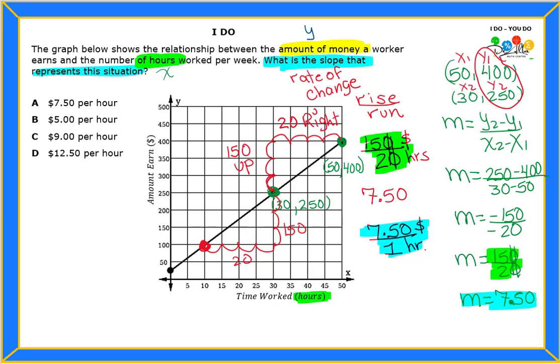Okay? So we're going to write down a complete sentence. He earns $7.50 in 1 hour, which means per hour. So what's my answer for this one? Letter A.